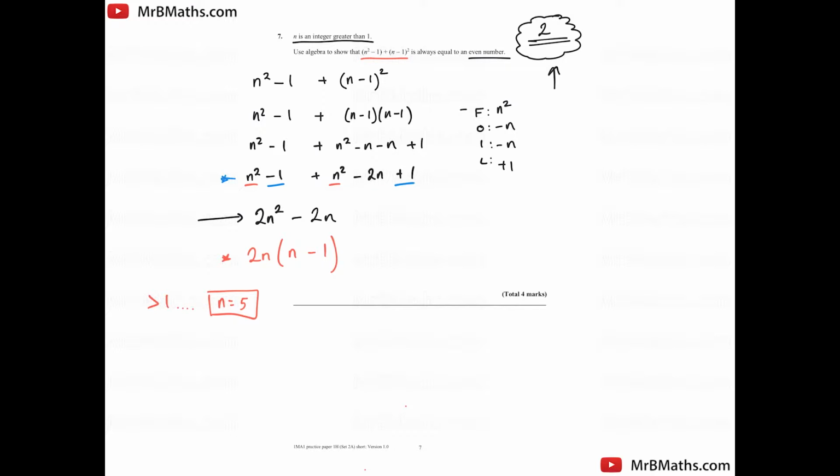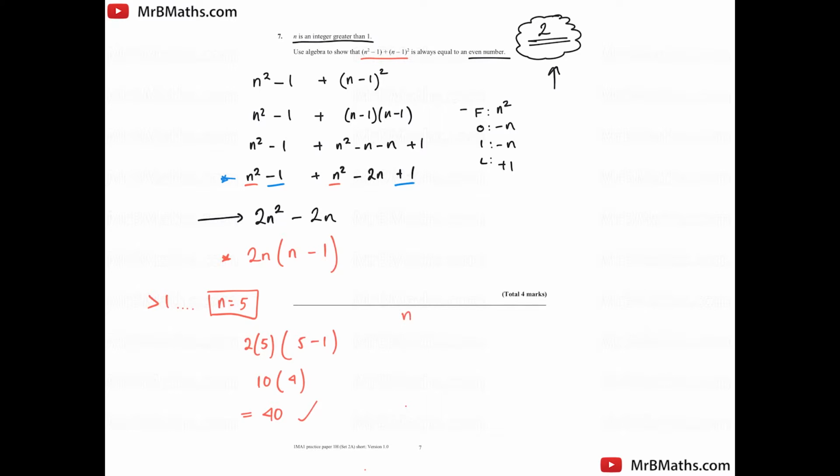If we put n as 5, because it just says any number greater than 1, let's try this. So we've got 2, open bracket 5, open bracket 5 minus 1. So 2 times 5 will give us 10. 5 minus 1 will give us 4. And then 10 times 4 will give us 40. Well, that's given us an even number, hasn't it?